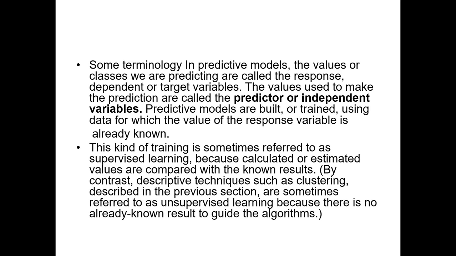Predictive models are built or trained using data for which the values of the response variable are already known. Suppose we have two kinds of patients in the hospital: normal ones and abnormal ones with a disease, like cancer patients. We will compare the data of an unknown patient with the reference database, for which we already have the known variables about normal and abnormal patients.